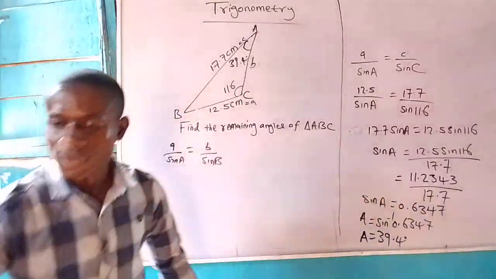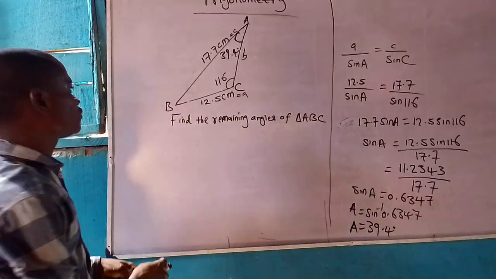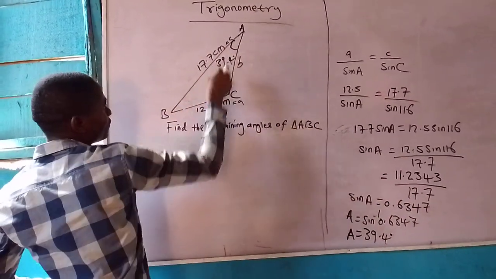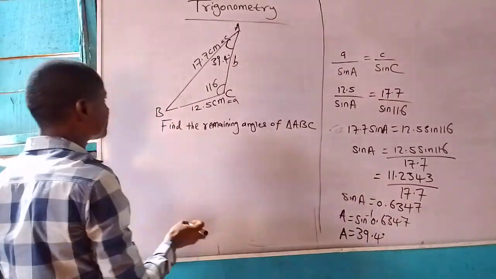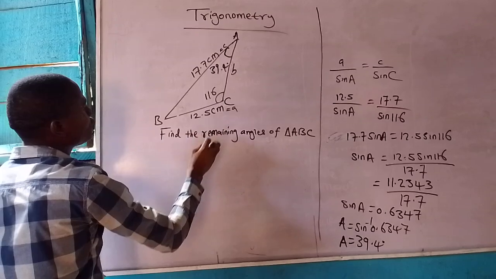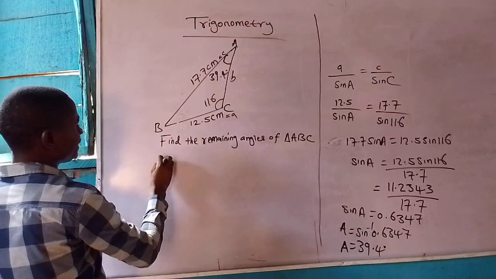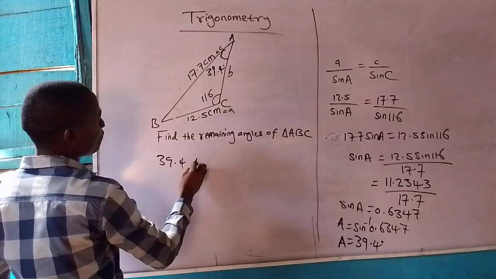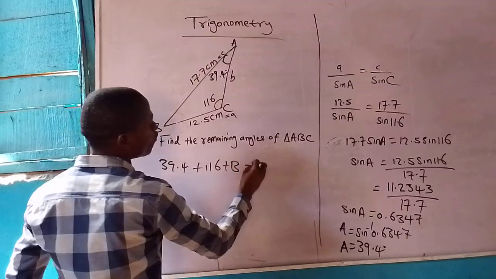What are we going to do? We follow another method. This is a triangle ABC, so what we're going to do is find the sum of angles in a triangle. We know that 39.4 plus 116 plus this angle B is equal to 180.